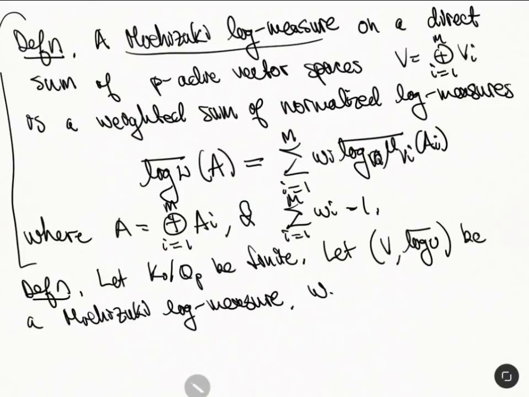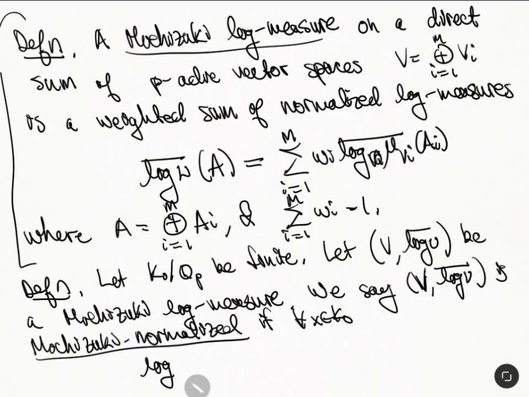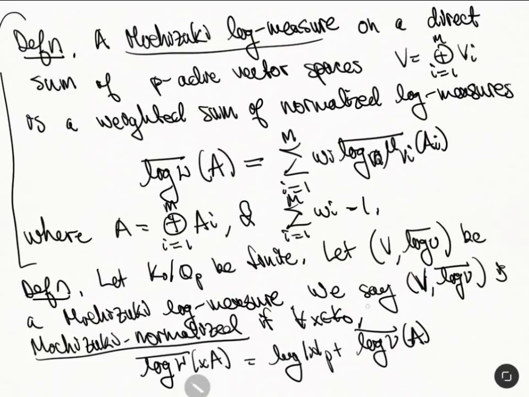We say this is Mochizuki normalized, which is maybe how you'd expect it to go, if for all x in k0 we have the following condition: log nu of xA, for every measurable set A, is equal to log of the p-adic norm of x plus log nu of A. Measurable will just mean Haar measurable or a product of Haar measurable sets.